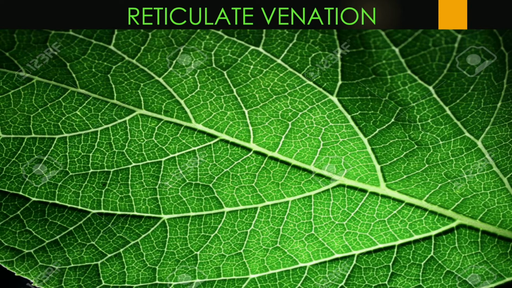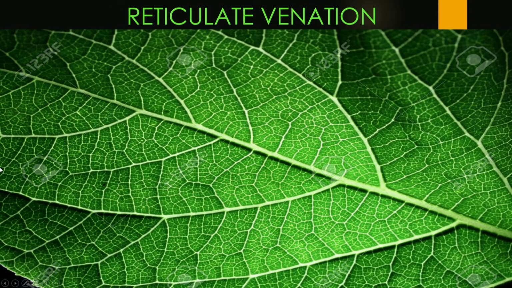This makes the leaf appear to be divided into two halves. The midvein gives rise to secondary veins. These veins branch and form a network or a reticulum. Example, leaves of dicotyledonous plants, such as peepal tree, hibiscus plant, etc.